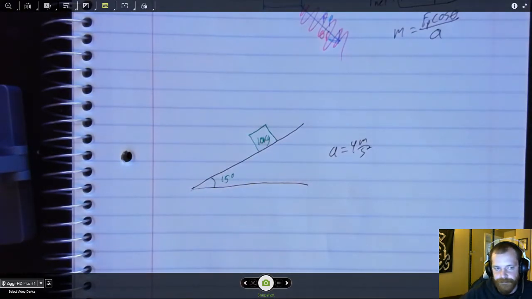Let's say we want to know the amount of friction. It's got some friction, and we want to know the amount of friction acting on this box if it is accelerating this way.